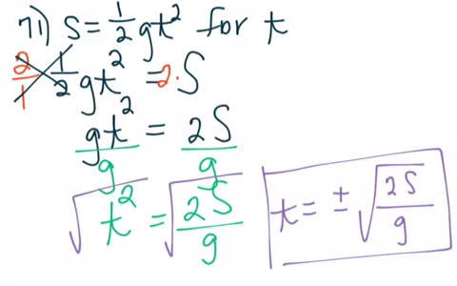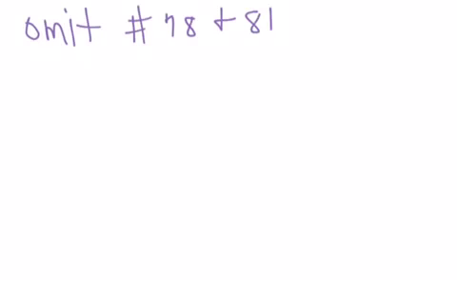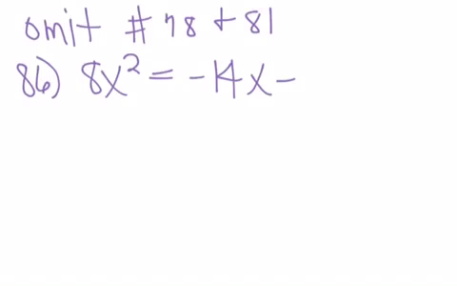On the homework, you need to omit number 78 and 81. Okay, look at number 86, and that's where we actually practice the discriminant problems, which has 8x squared equals negative 14x minus 3.